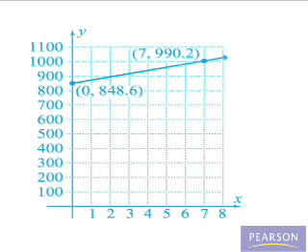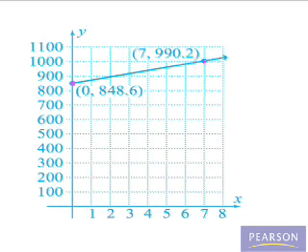And you can see we have plotted that in 1999 there were 848.6 million people who traveled. So we have that plotted here, approximately. And then 7 years later, there are 990.2 million people traveling 50 miles or more for leisure. So after plotting these points, we can then draw the line connecting them.